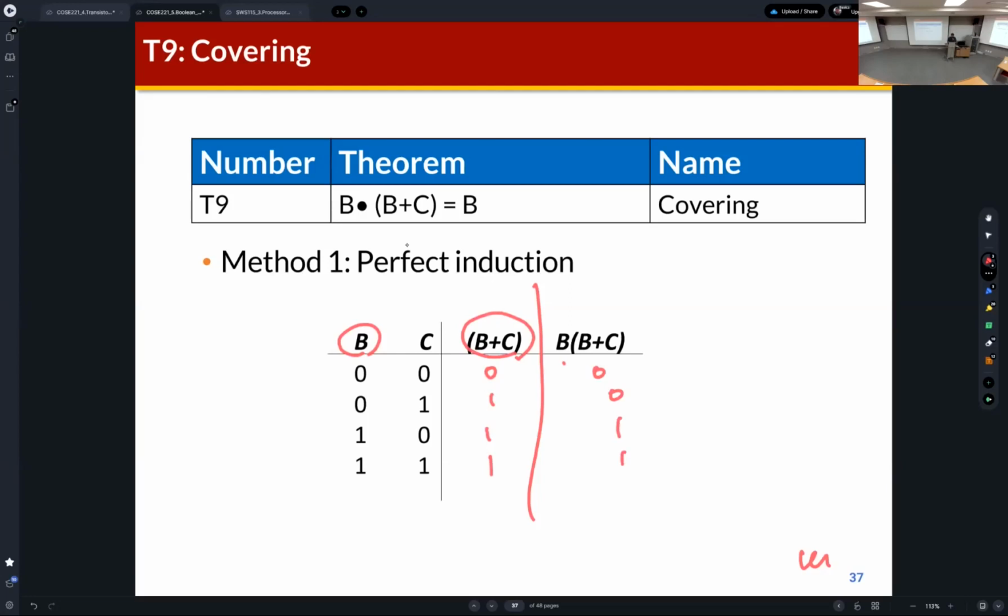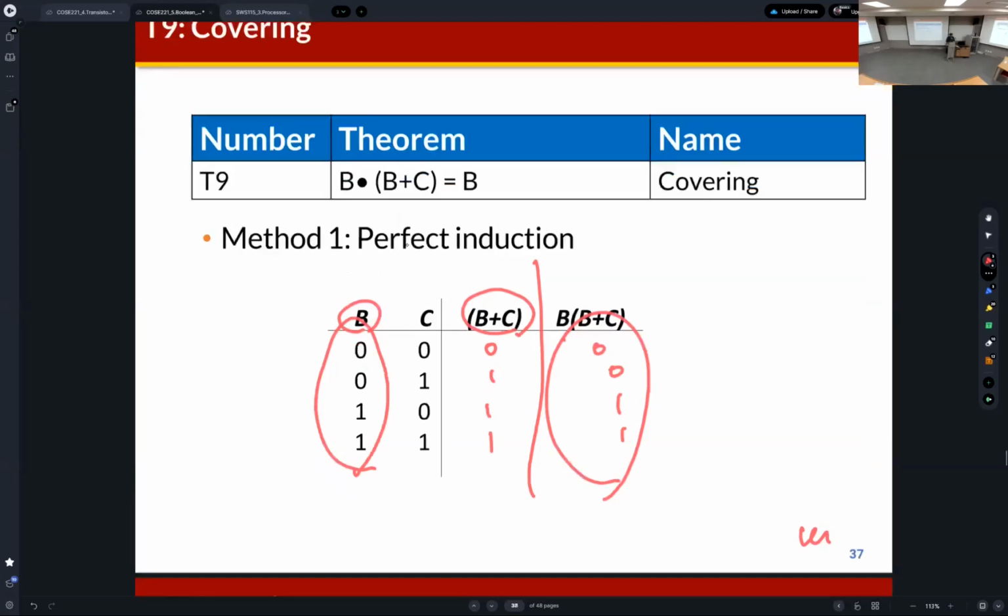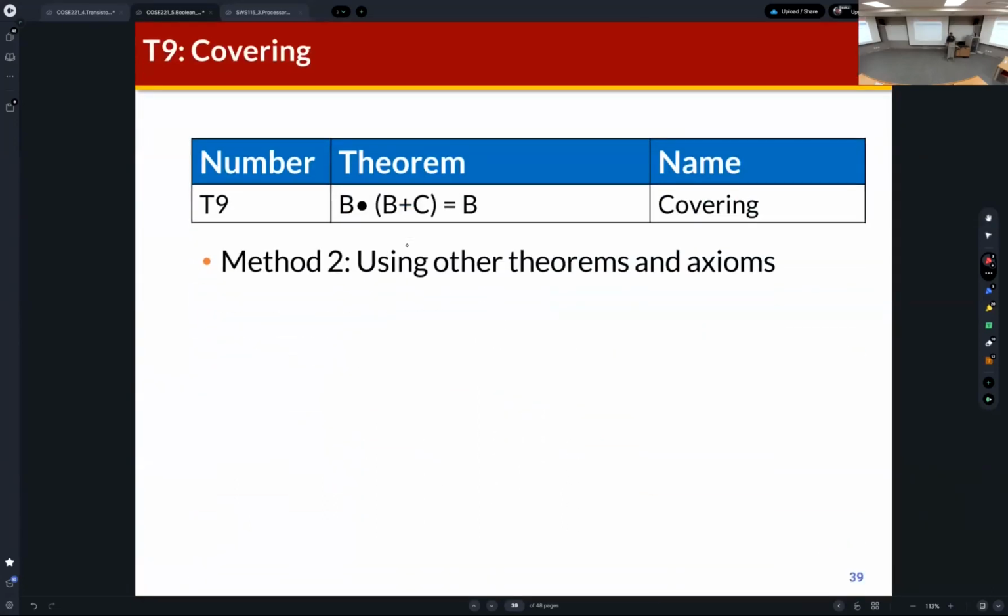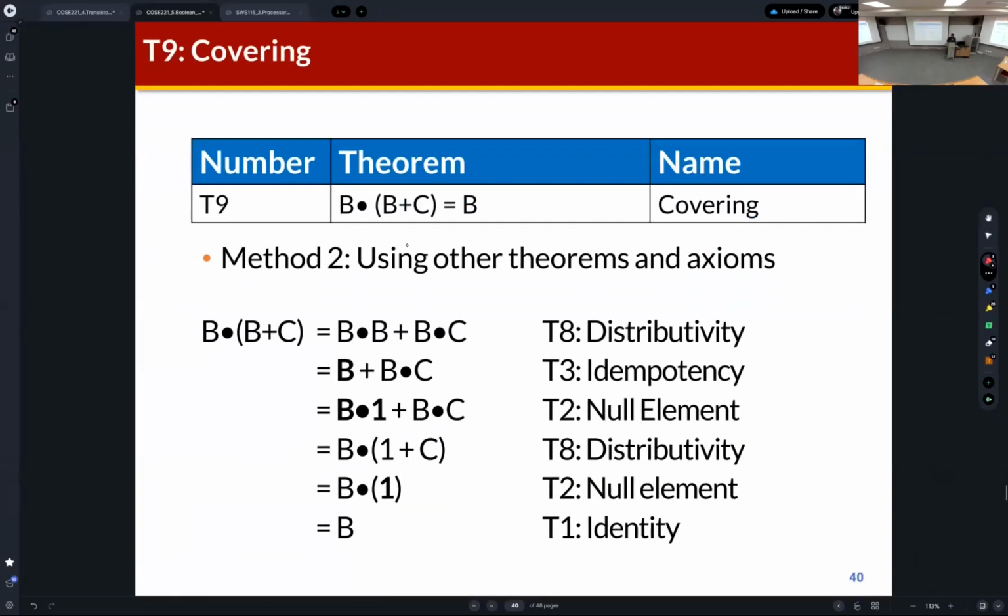Then, as you can see, it's the same as B. Why? It's very easy because there are only 4 cases for this equation. Okay, the same.